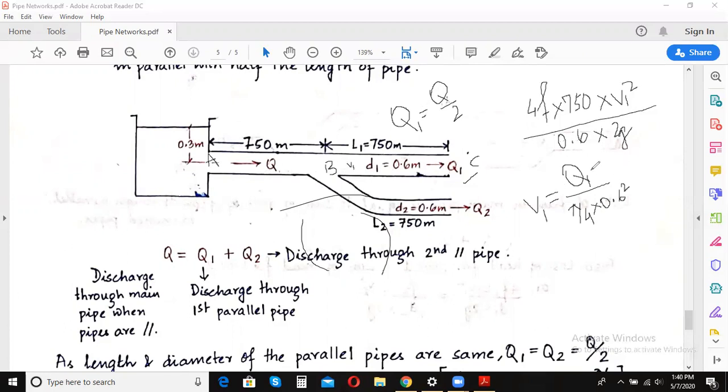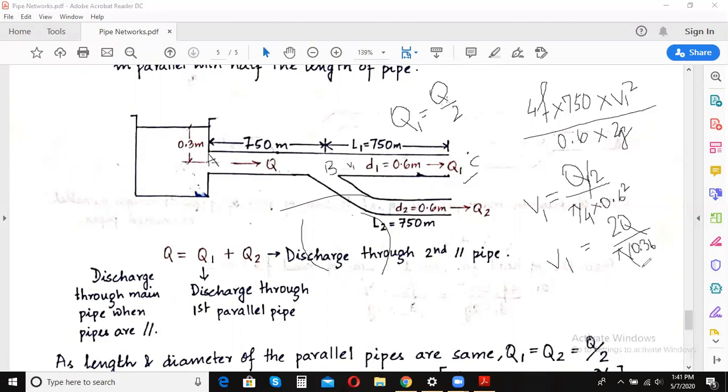If you put the value of Q1 as Q by 2, you are getting V1 is equal to twice Q divided by pi into 0.36. Okay, it's difficult to write like this.